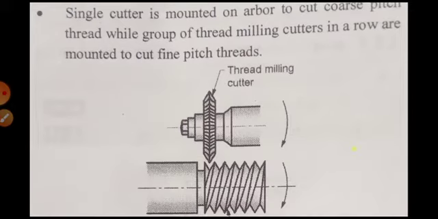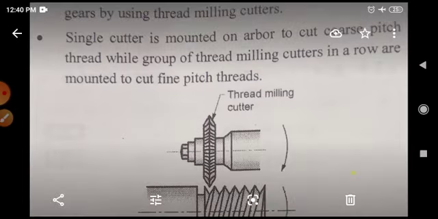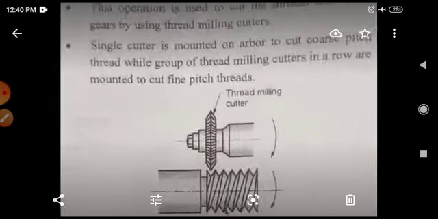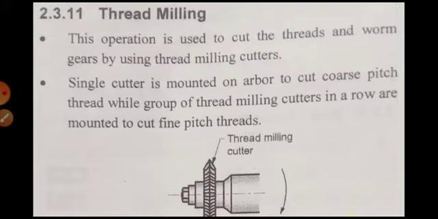Okay, you can see this thread milling cutter, which is used to cut the thread on the workpiece. Indexing is very necessary for this particular operation. We will further discuss indexing later.